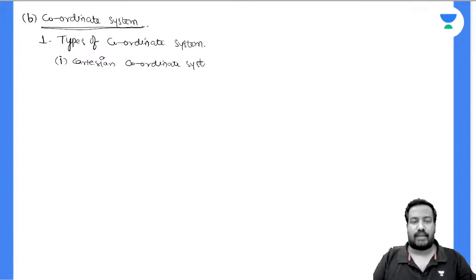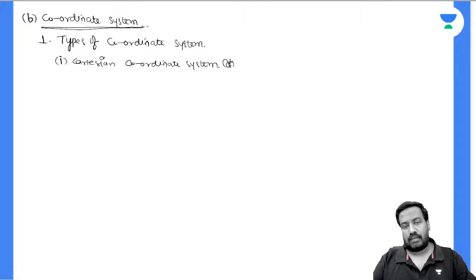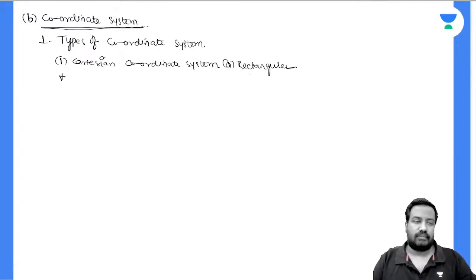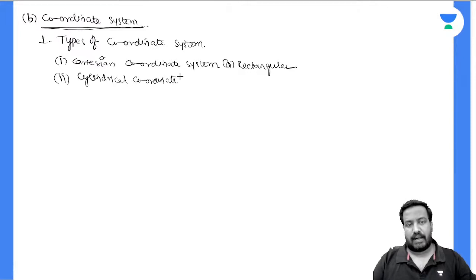Cartesian coordinate system, also called as rectangular coordinate system. Second is cylindrical coordinate system, also called as circular coordinate system.